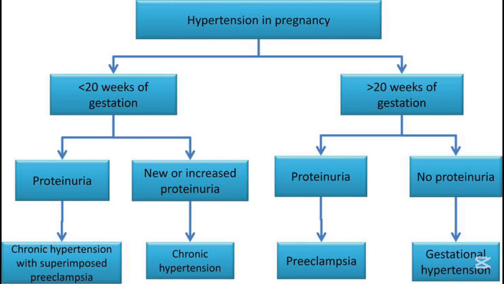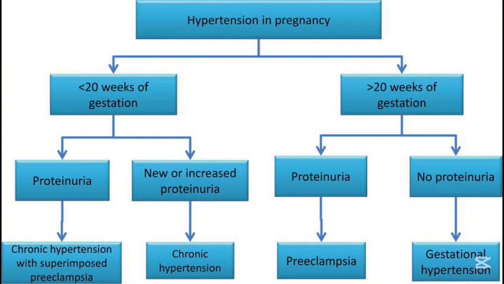So take note of that, there is no end organ damage. But severe preeclampsia is where the BP is greater than or equal to 160/110, there is heavy proteinuria and/or evidence of organ dysfunction, where we can have renal failure, liver dysfunction, thrombocytopenia, cerebral or visual symptoms, pulmonary edema, and so on and so forth.